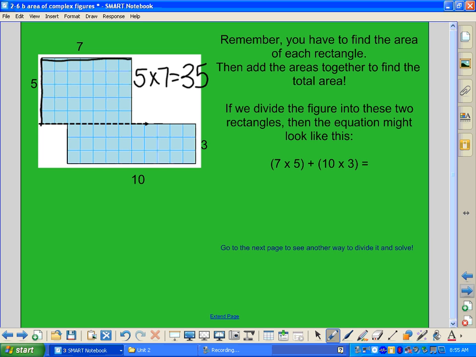Just for my sake, because I draw all over my papers, I'm going to write a big 35 in the middle to show that the area of that rectangle is 35. So on your paper, draw your line, and let's write 35 in it, just like I did.